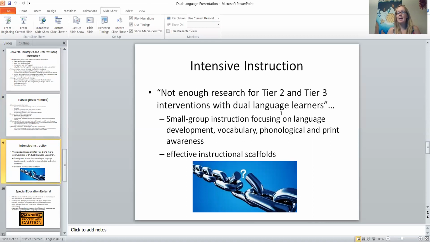And that's really what I've been seeing and doing, and what I know of my peers doing as well. But having effective instructional scaffolds in place is necessary to be reaching into these tier 2 and 3 interventions. But I think it's really interesting that our book says there's not enough research.